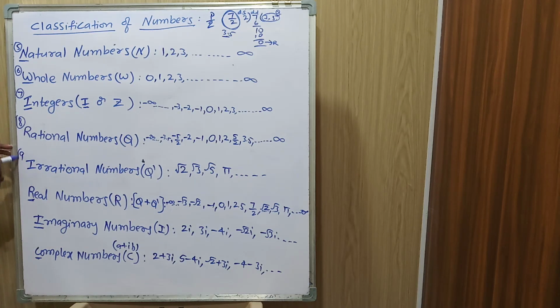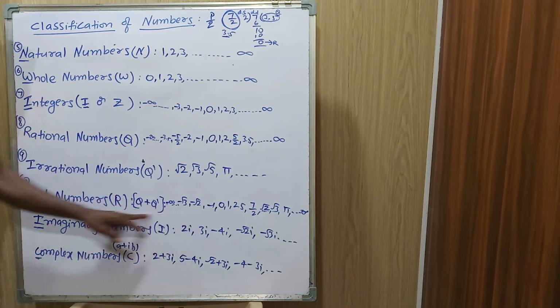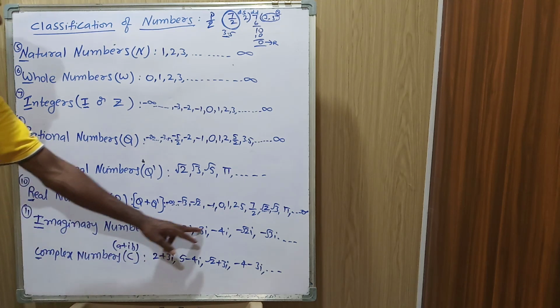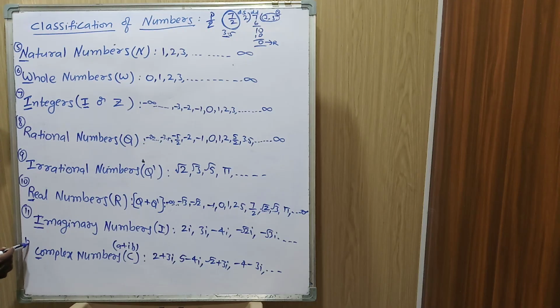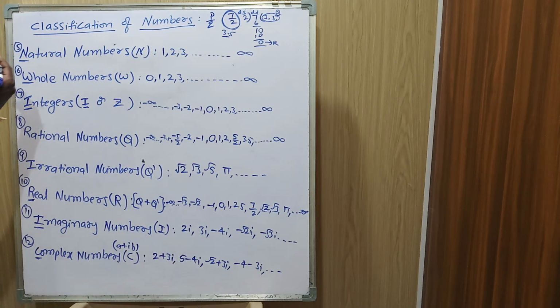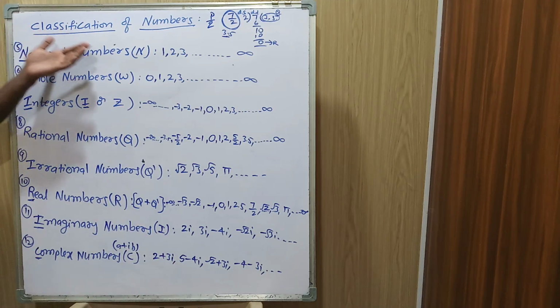In your 9th class, irrational numbers. In your 10th class, real numbers. In your 11th class, that means intermediate first year, imaginary numbers. Next, in your 12th class, that means intermediate second year, complex numbers. So this is the classification of numbers.